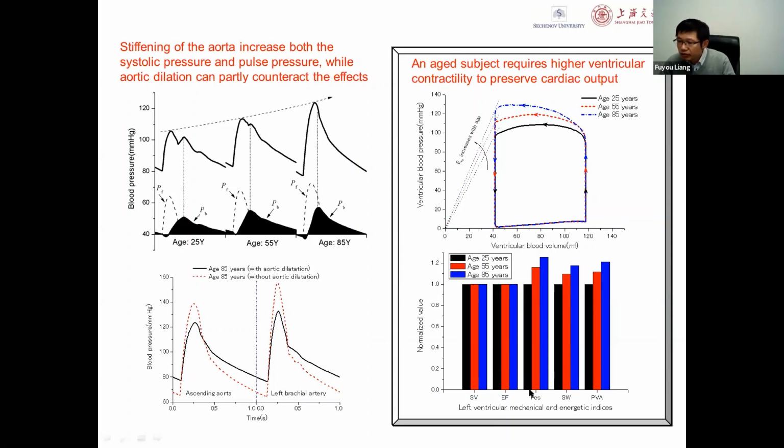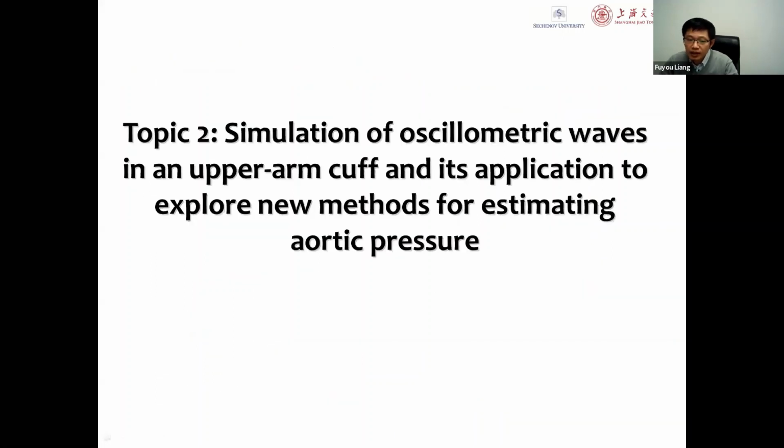You can see from the stroke work in this figure that for the aged subjects, the stroke work is higher than for the young subject, right? And then we move to the next topic.